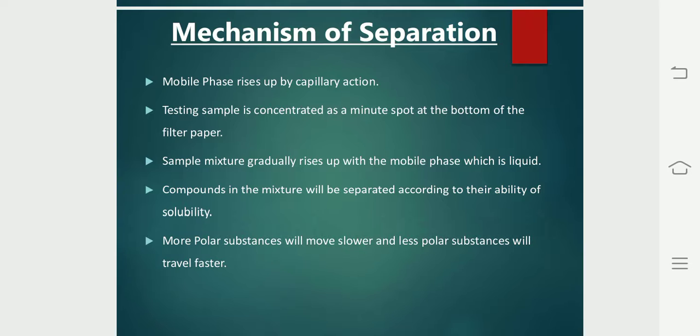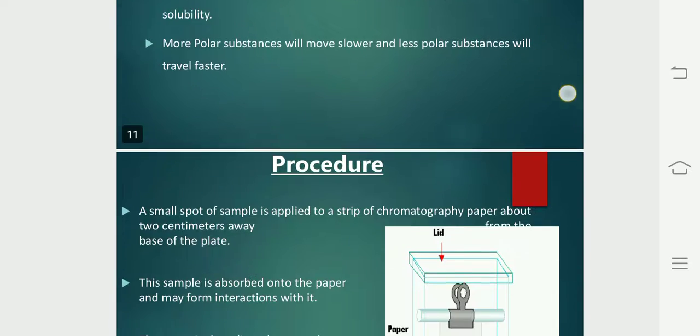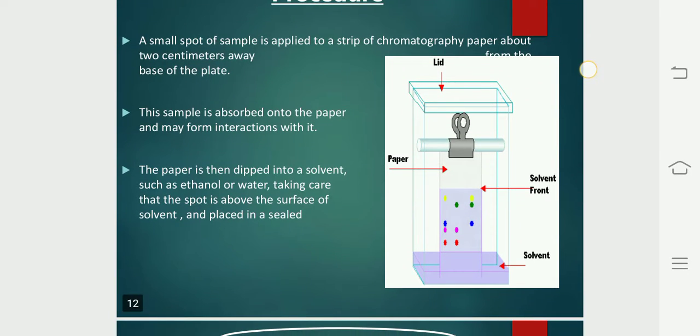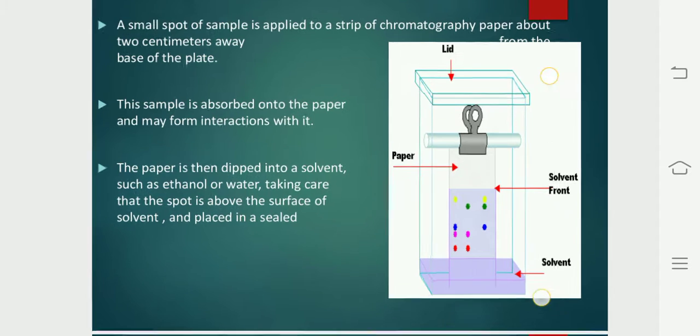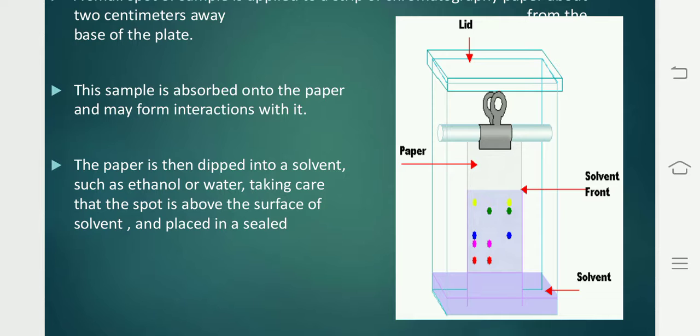Okay, so here you can see that a small spot of sample is applied to a strip of chromatography paper just above 2 centimeters away from the base. The sample is placed on the corner of the paper, 2 centimeters above the base, and this sample is absorbed onto the paper and may form an interaction with it.